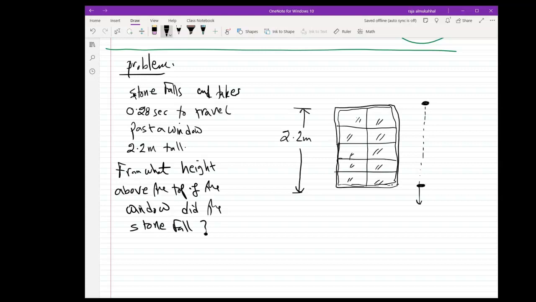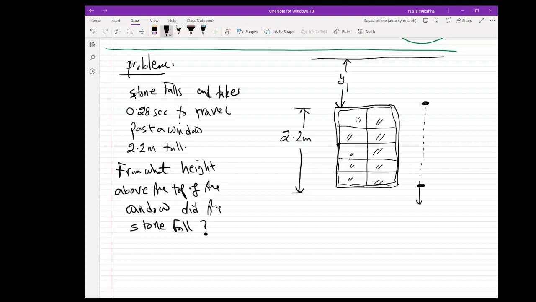Okay? In other words, the stone was thrown from some height, unknown height here, say the roof of the building, right? And this height that we're talking about, let me call it, say, Y1.